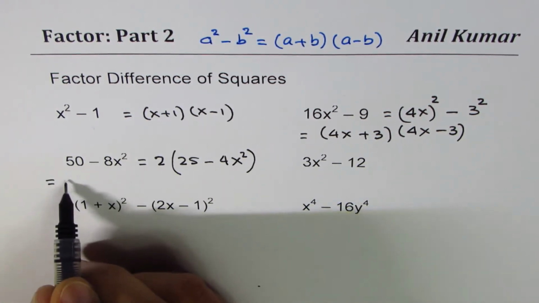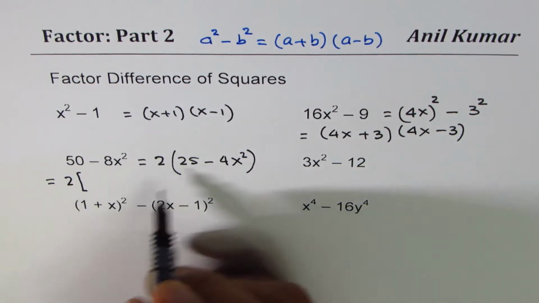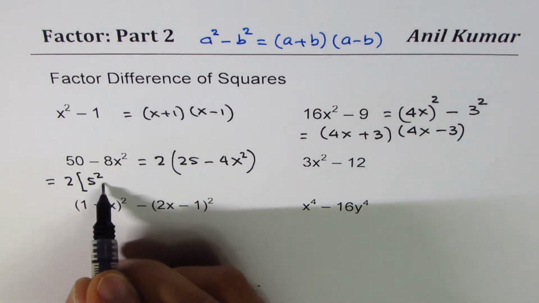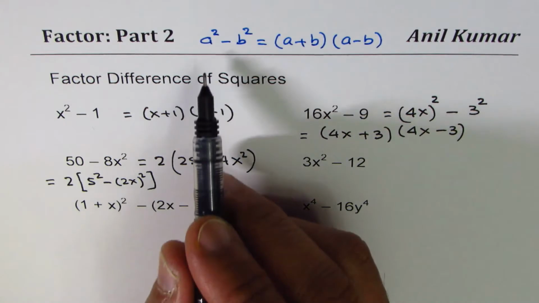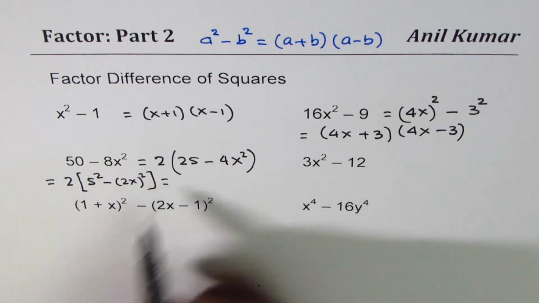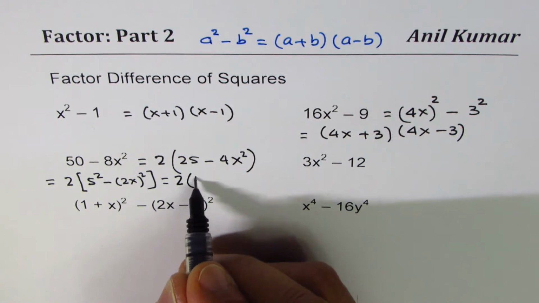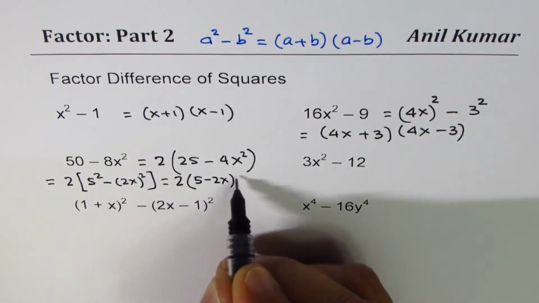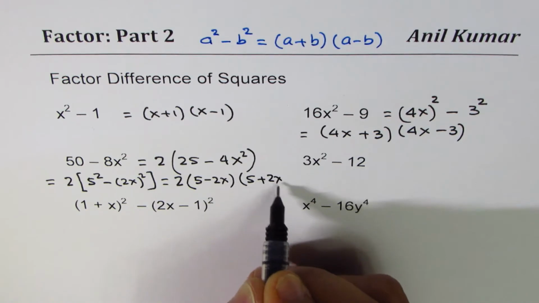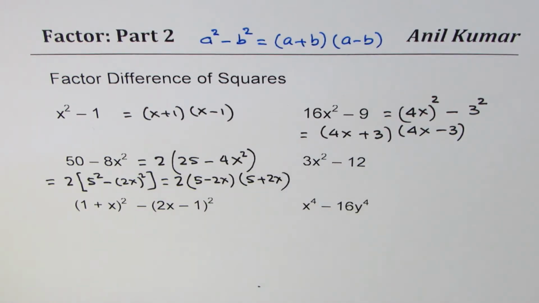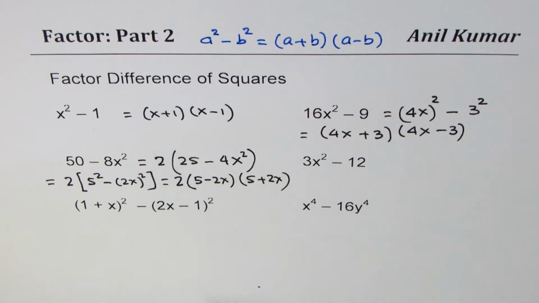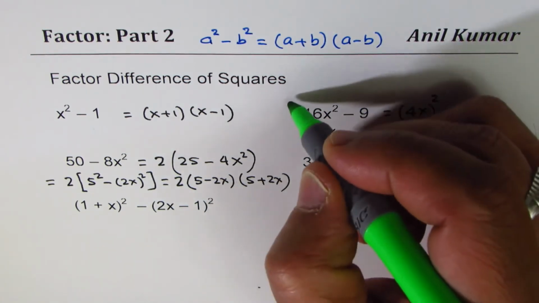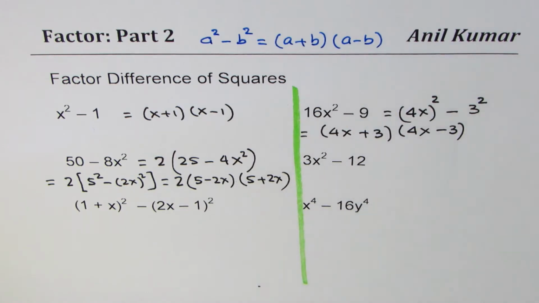So let me rewrite this first as 2 times 5 squared minus 2x whole square. That helps you to identify difference of squares. And then we'll write down the solution: 2 times 5 minus 2x times 5 plus 2x. You get it? So that is how it can be factored. In this example, we first found a common factor and then we applied difference of squares.